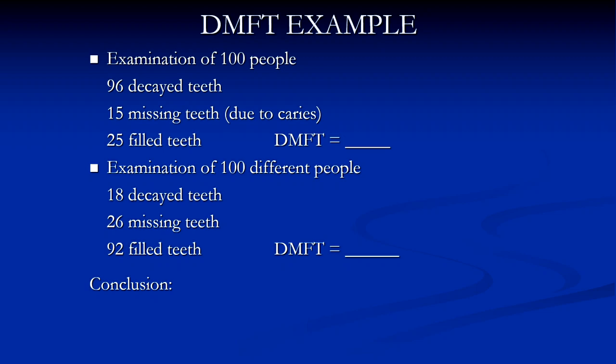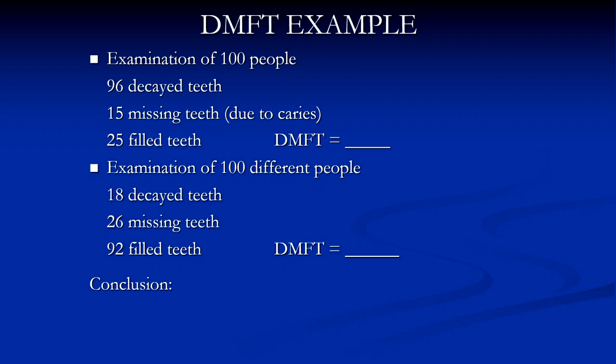What we found was that of those 100 people, there were 96 decayed teeth, 15 missing teeth that were due to caries, and 25 filled teeth. So the total DMFT score would be 136 because we're adding those three categories together.